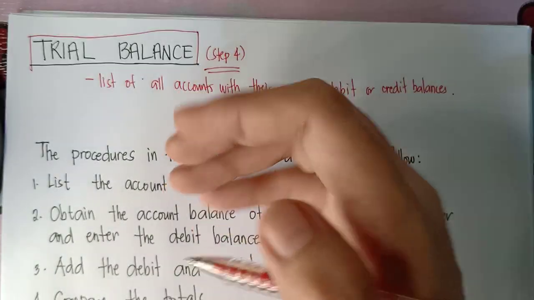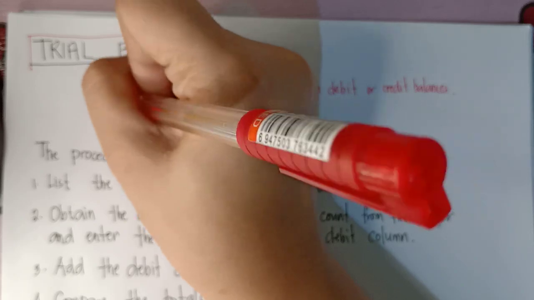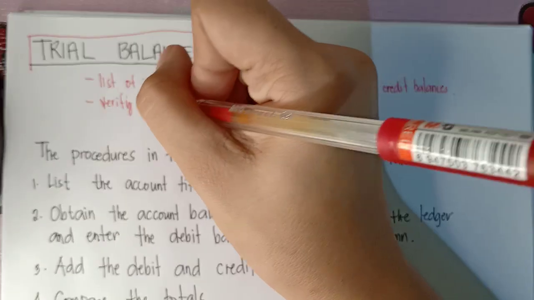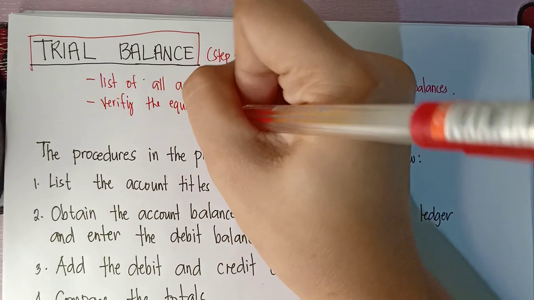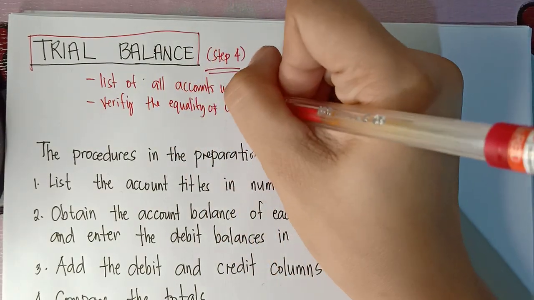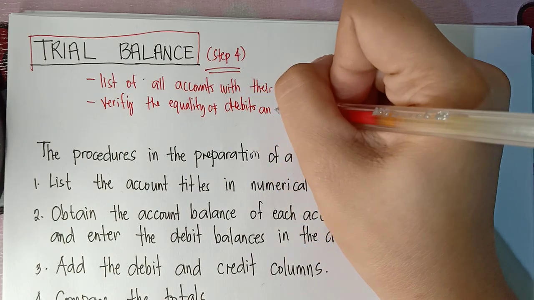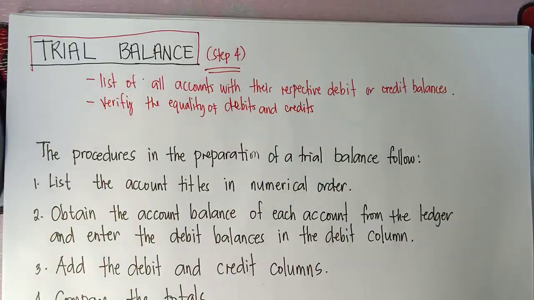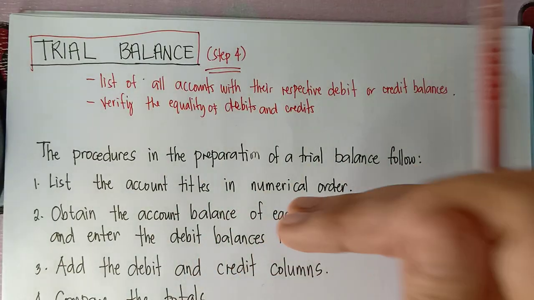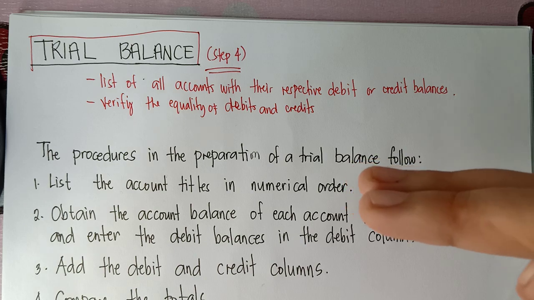It is prepared to verify the equality of debits and credits in the ledger. So we will use the trial balance in order for us to verify whether the debits and credits are equal.